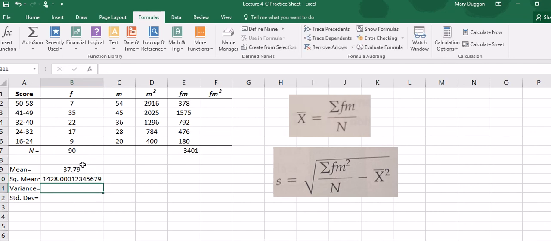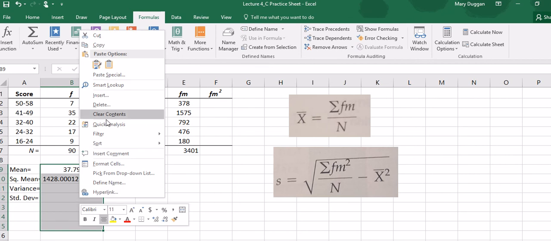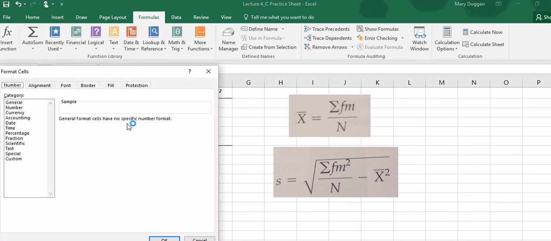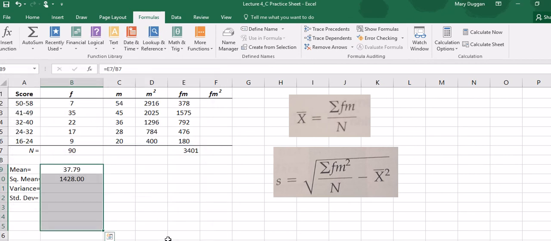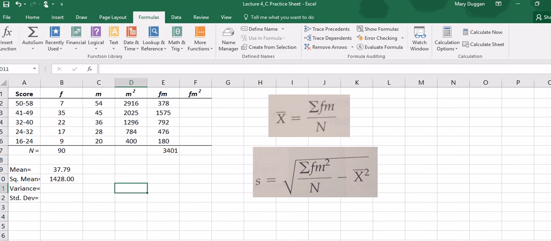Oh, way too many decimals. Okay, bring that back over. All right. And the last thing we need to do for this part of the equation is to multiply the frequencies by the midpoint squares.